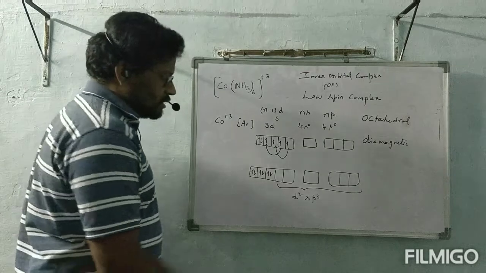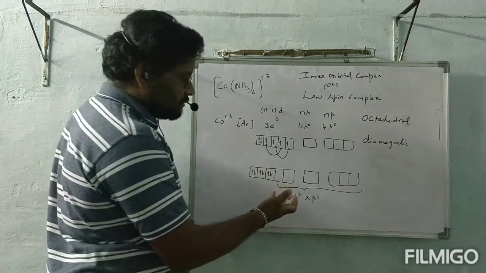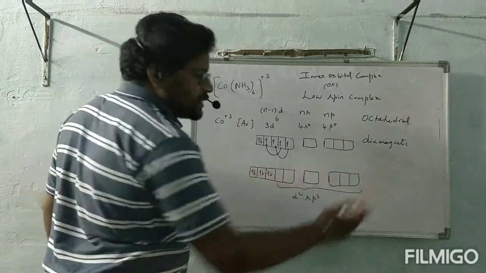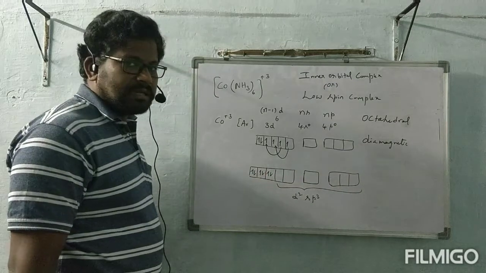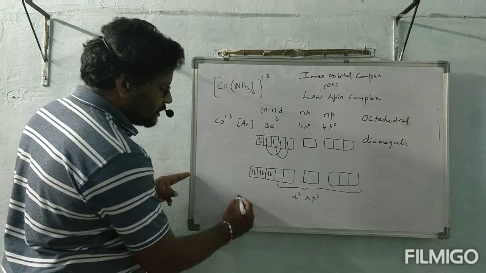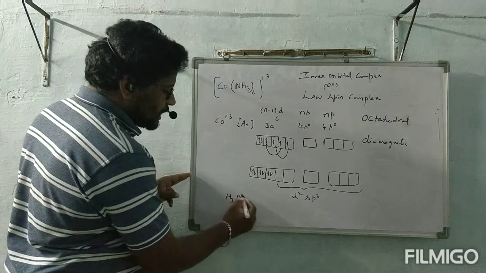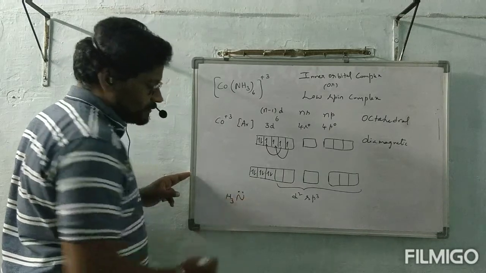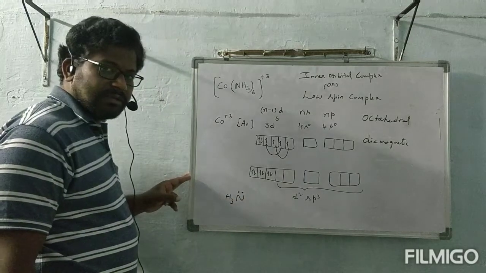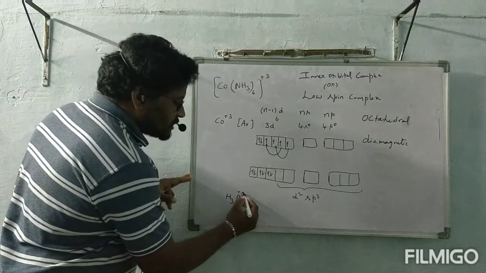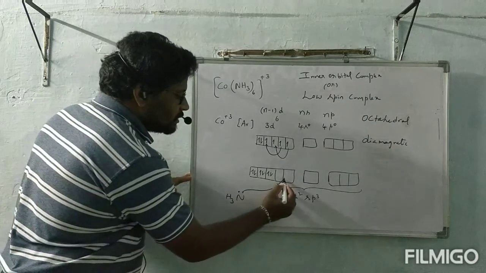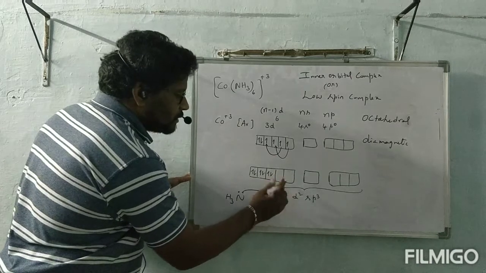See here. Now, how many empty orbitals are there? Six empty orbitals are there. Nitrogen in NH3 contains a lone pair of electrons. First, the lone pair is donated from nitrogen into the empty orbital.